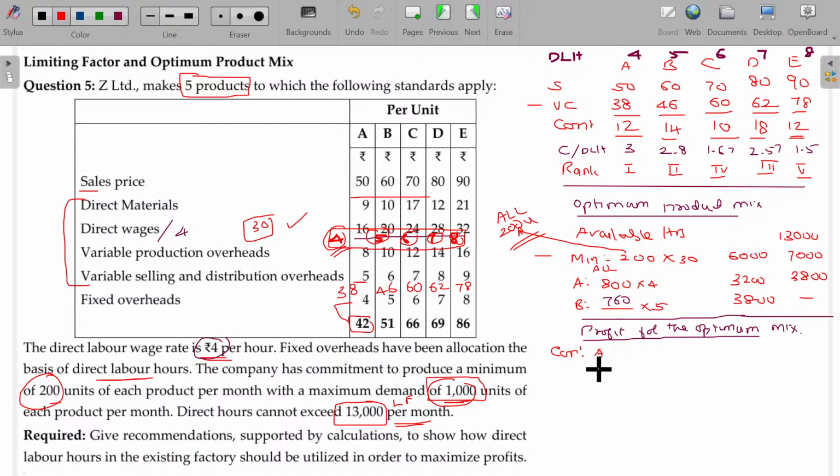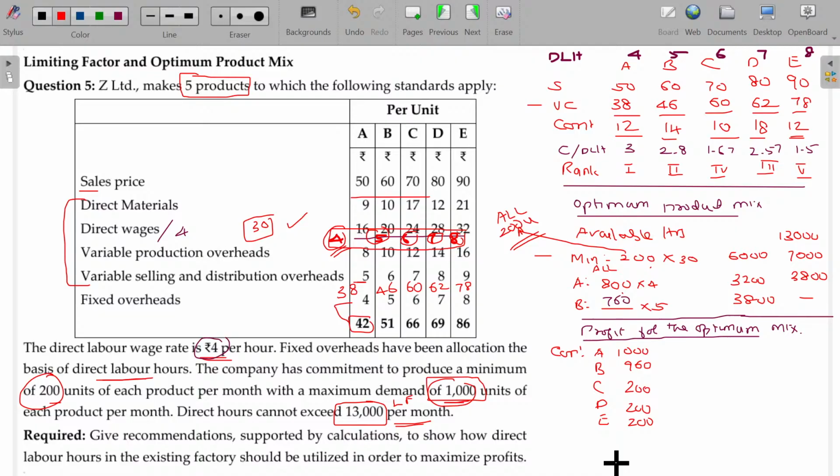Contribution: A, B, C, D, E. How many units of A is manufactured? 1,000 units. Minimum already manufactured, another 800 manufactured, so 1,000. B, already for the minimum requirement 200 manufactured. Surplus, we have the resources, so we produce another 760, 960. And C, D, E are manufactured only to the minimum extent 200, 200, 200. Is that clear?